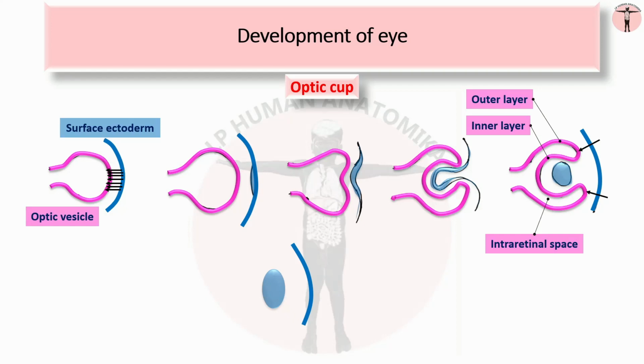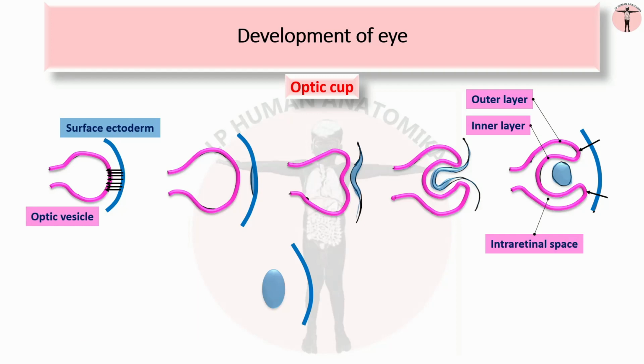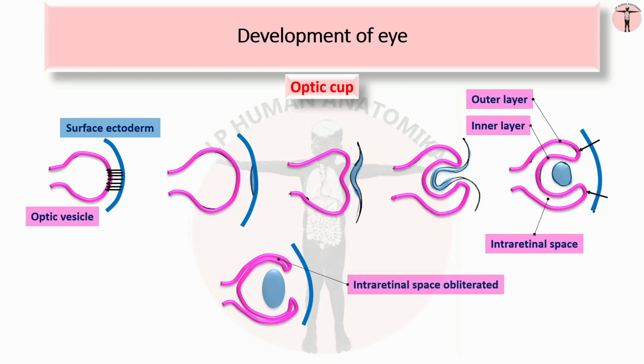The cells of the inner and outer layers are positioned in such a way that the apex of the cells in the inner layer faces the apex of the cells in the outer layer, and both layers are separated by the intraretinal space. Gradually, the two layers approach each other and the intraretinal space becomes a potential space and gets obliterated.